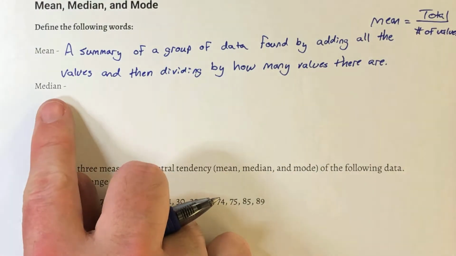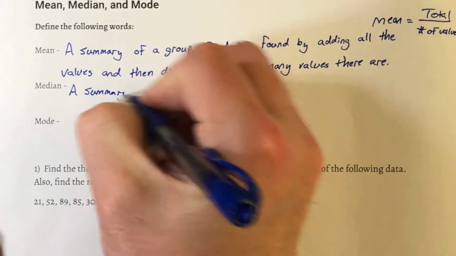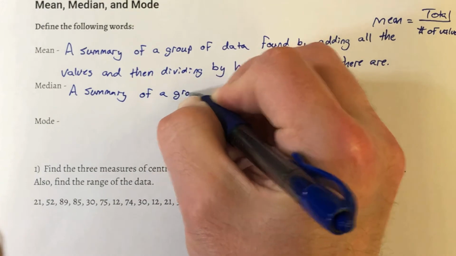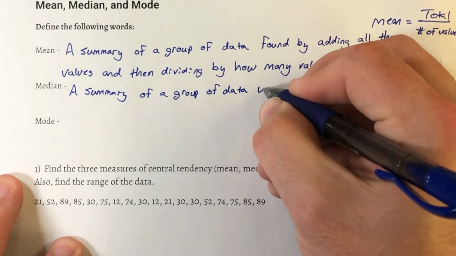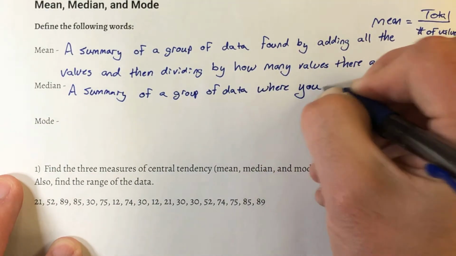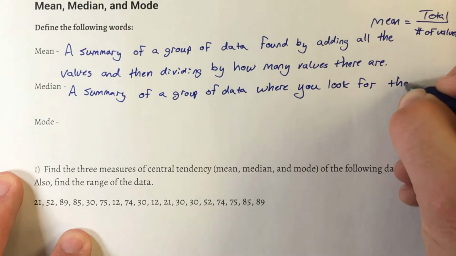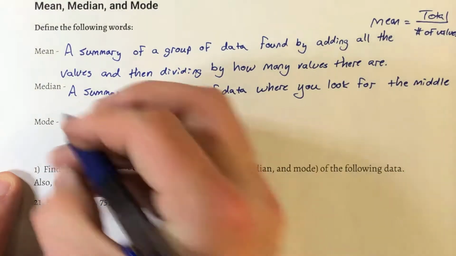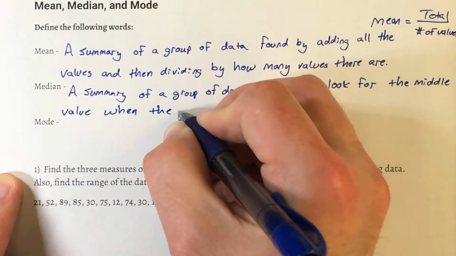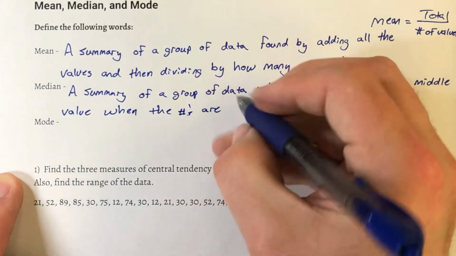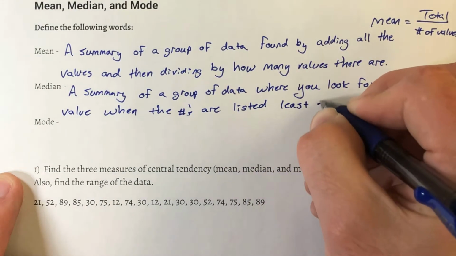All right, next, median. Median is another summary of a group of data where you look for the middle value when, and this is important, the numbers are listed least to greatest.